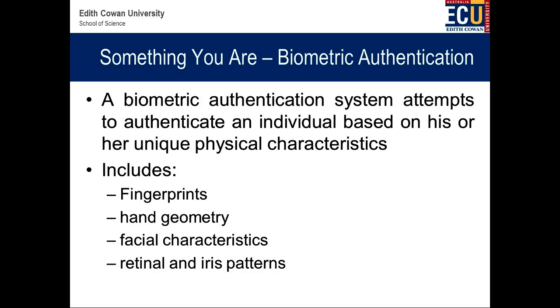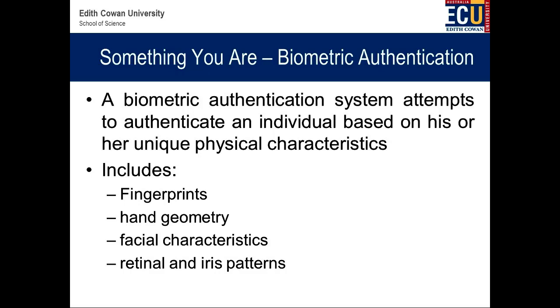So now we come on to our third and fourth means of authentication, which is something you are, and we can essentially also use the name of biometric authentication if you find it difficult to remember something you are. If you mention that biometric authentication is another form of authentication, then it will also be correct.